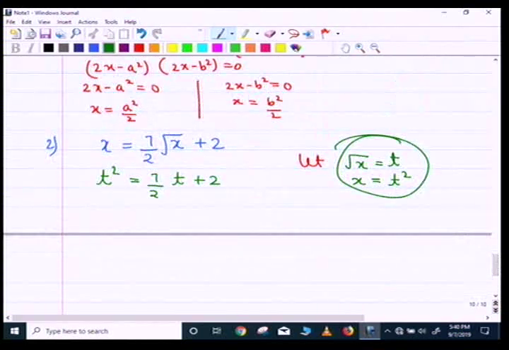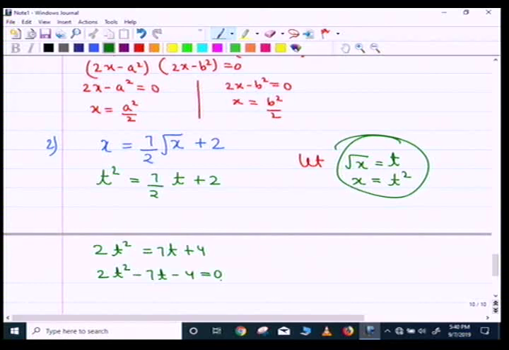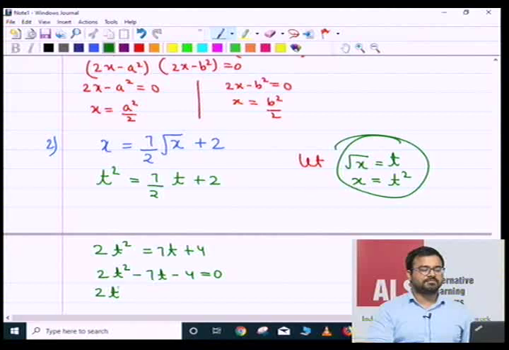On simplifying, it will become 2t square is equal to 7t plus 4, and 2t square minus 7t minus 4 equal to 0. Splitting the middle term, this is minus 7 and the product should be 8. So we can take minus 8t and plus t.